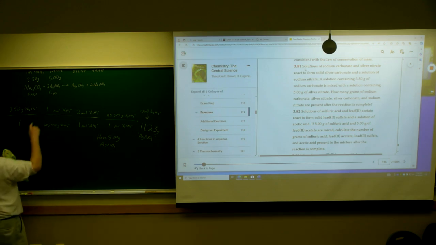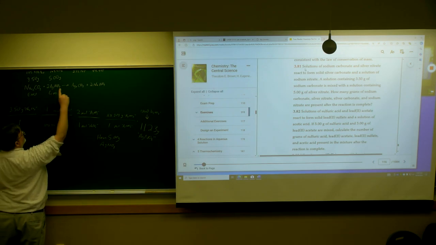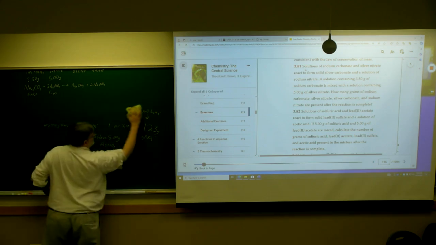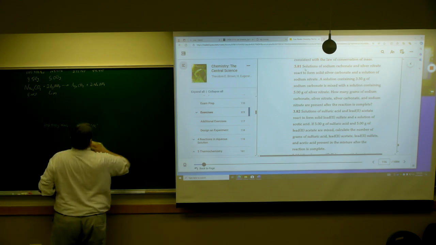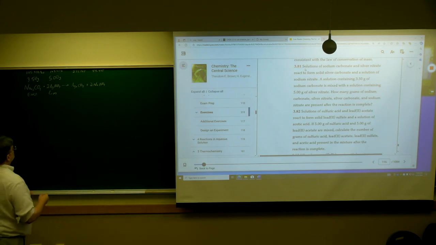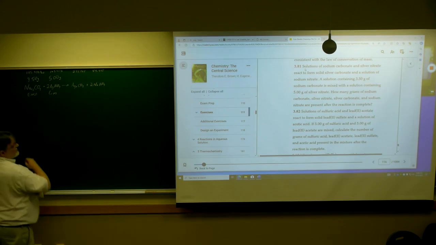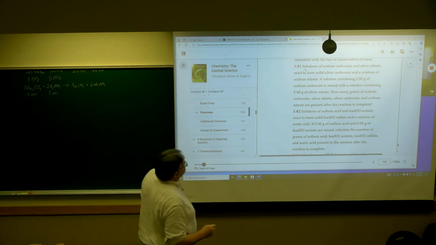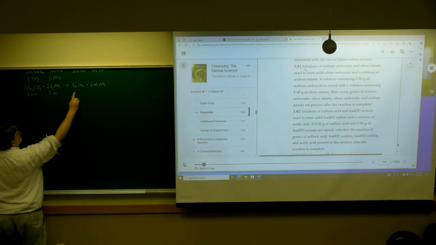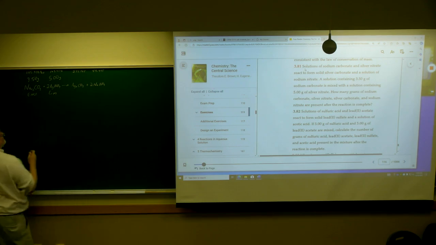So I'm going to use this one as my key to figure out how much product I get. The question kind of alludes to this being the limiting one, because it's asking about grams of this, but I'm just going to have you find the grams of these, Ag2CO3.